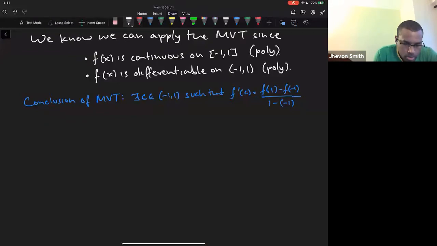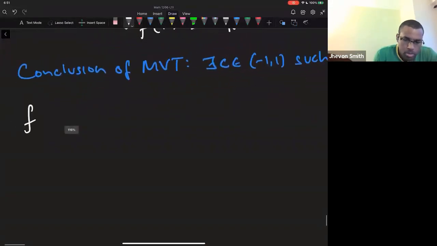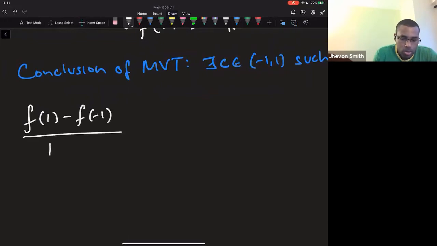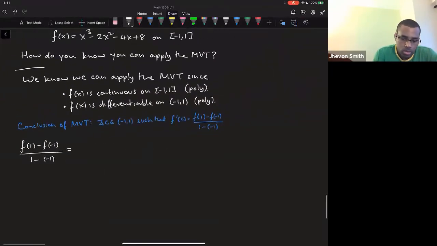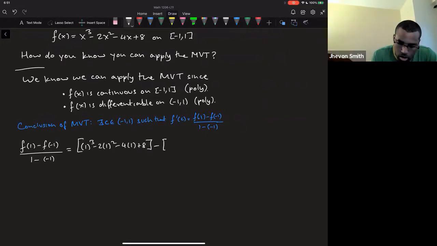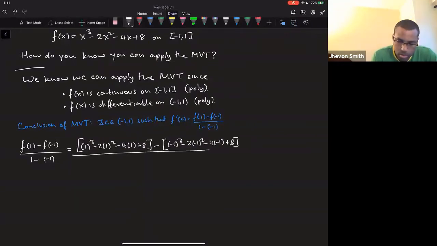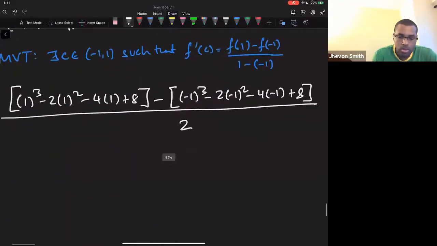So now, f of 1 minus f of -1 over 1 minus -1. Where's our function? f of 1 is 1 cubed minus 2 times 1 squared minus 4 times 1 plus 8, minus f of -1, which is -1 cubed minus 2 times -1 squared minus 4 times -1 plus 8, all over 2.